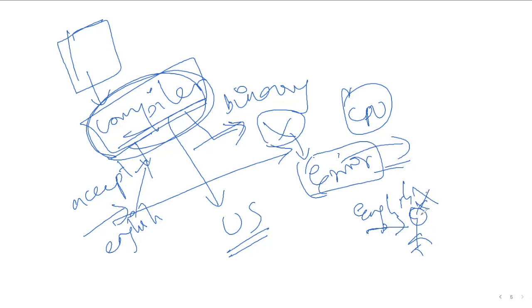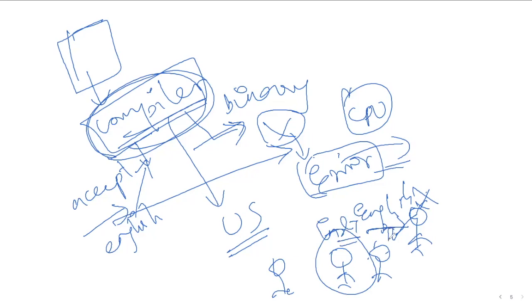So imagine there is your friend, or one person, standing in between you and me. This person knows English and Tamil. You know Tamil, I know English, and this person knows both.